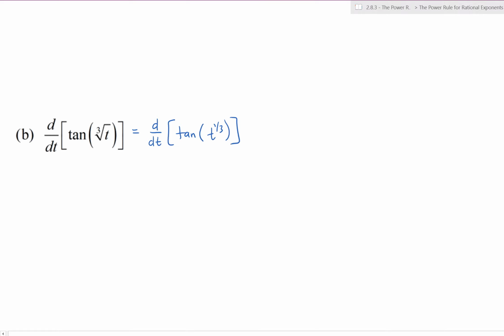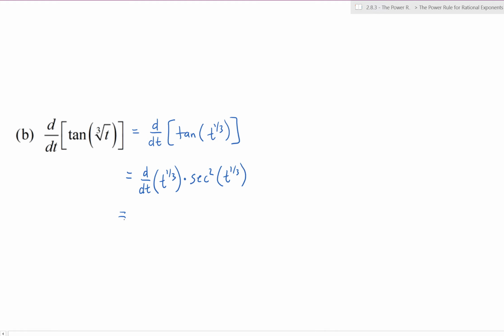And so it's chain rule, as we can see, but the chain rule involves our new rule, this power rule for rational exponents. So, by the chain rule, it's the same as d dt of t to the 1/3, derivative of the inner function with respect to t, times, well, the derivative of the outer function tangent is a secant squared function, and leave the inner function alone.